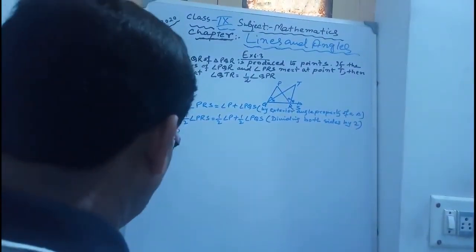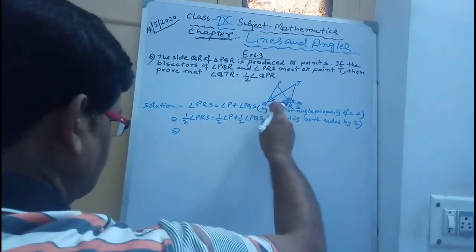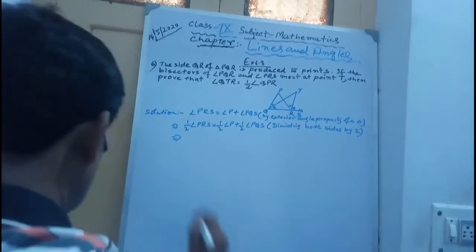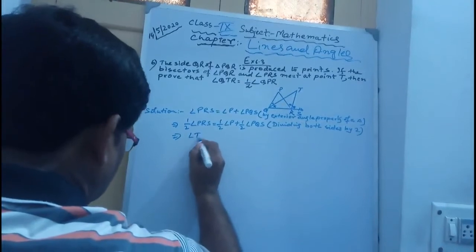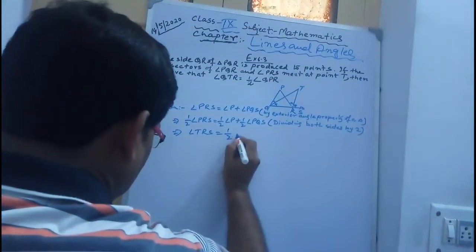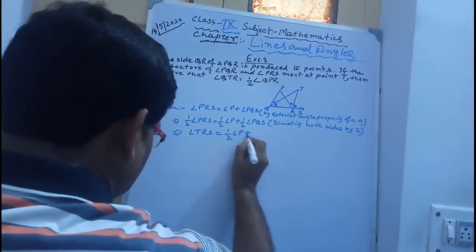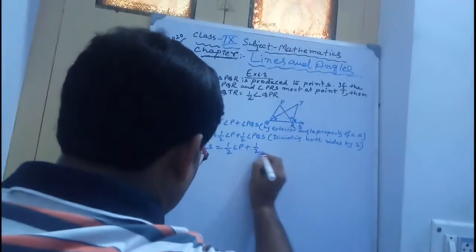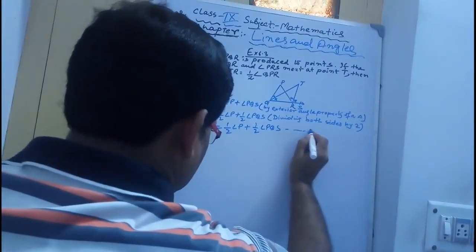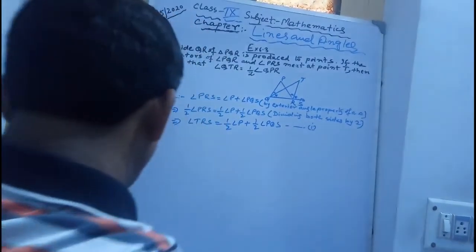Now half of PRS, that is angle TRS, equals 1 by 2 angle P plus 1 by 2 angle PQS. Write that one, Roman 1.